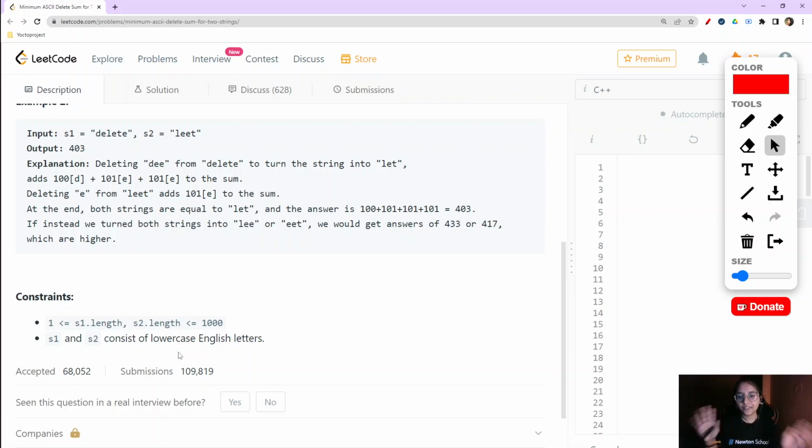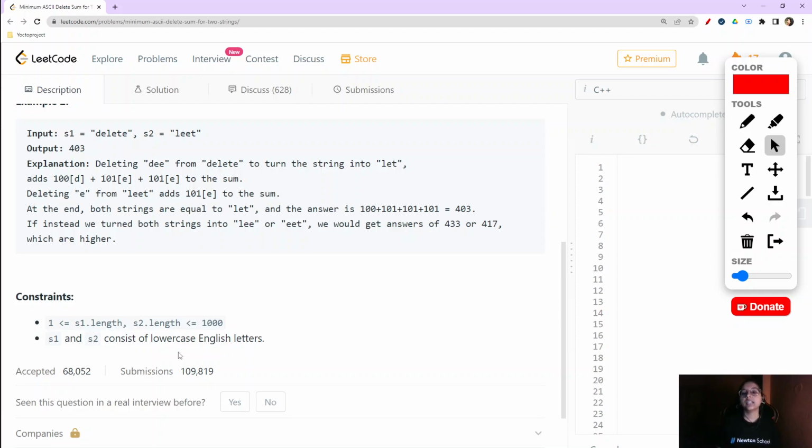And n square is valid here, because n is 10 raised to power 3, and n square would be 10 raised to power 6, right? That is also acceptable, and it won't give us TLE. So that's why the n square solution would work.